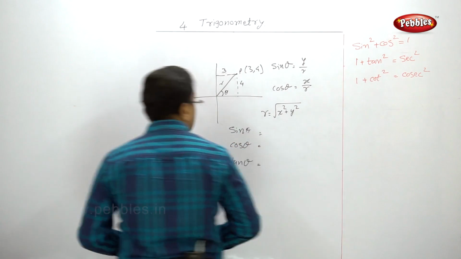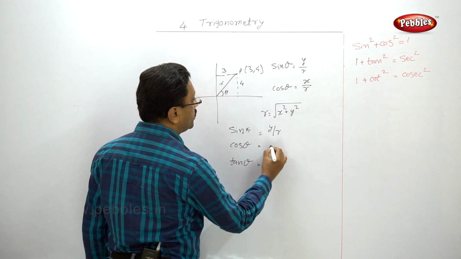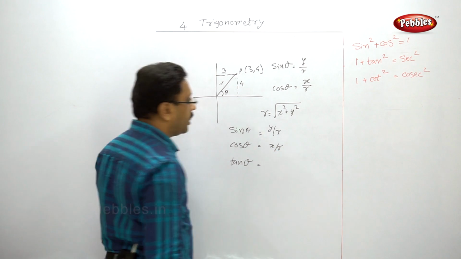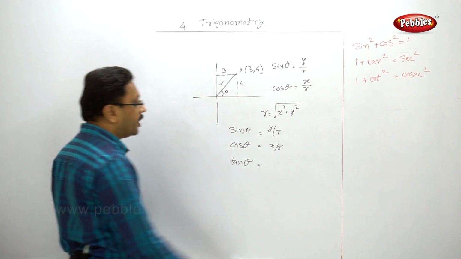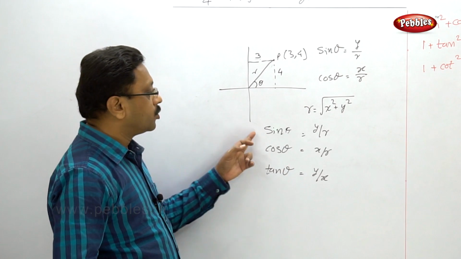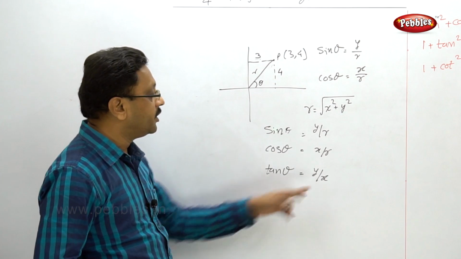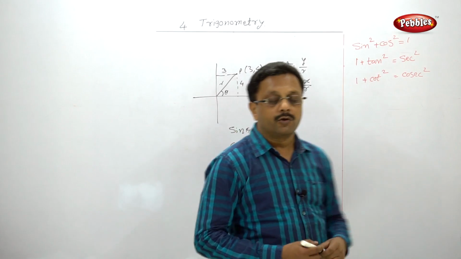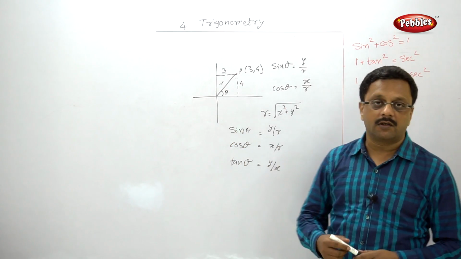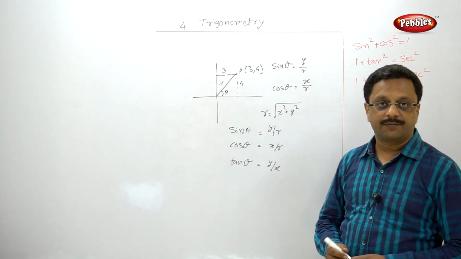So sin theta equal to y upon r, cos theta is equal to x upon r, and tan theta is y upon x. Now cosec theta is r upon y, sec theta is r upon x, and cot theta is x upon y. So when such questions occur, you have to write all the values of 6 ratios.